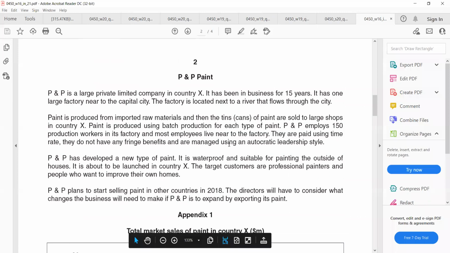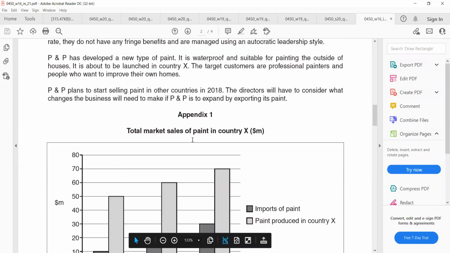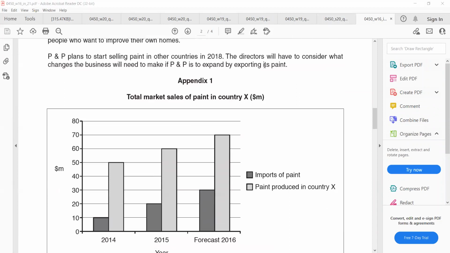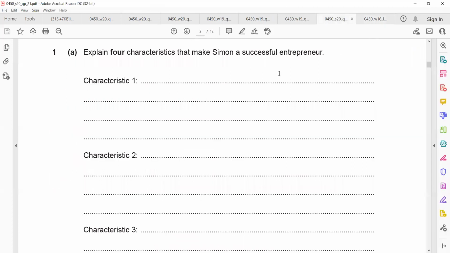You have to use some information given in the case to answer that question, because they are asking something specific related to the case.